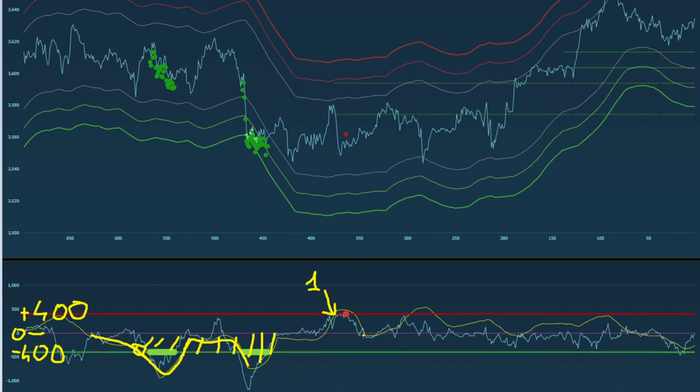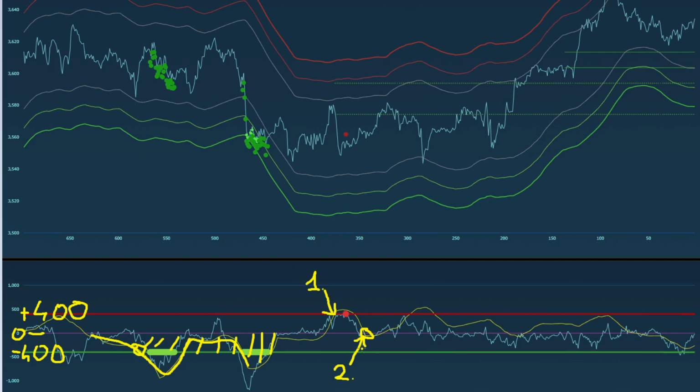And then it has to get back to 0, right? And this is the second part of this setup. When this gets to 0 after it hit plus 400, here you start looking for longs.